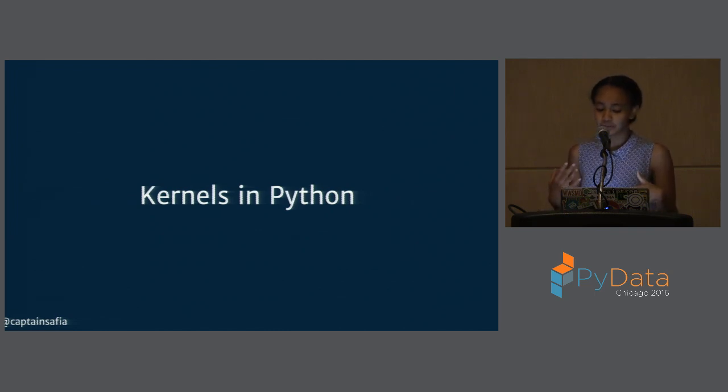The first way is writing the kernel in Python itself. One of the Jupyter libraries that's included is called IPyKernel. IPyKernel exposes a base class called KernelBase that you can subclass that provides you all of the functionality that you need to override standard kernel functions.